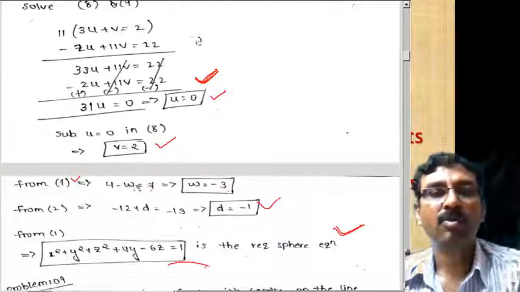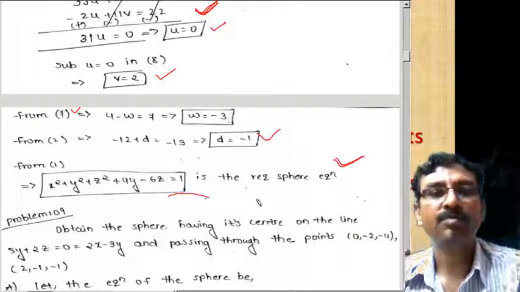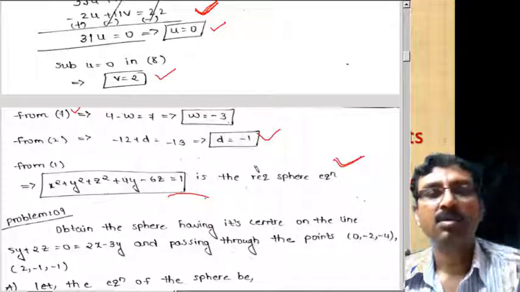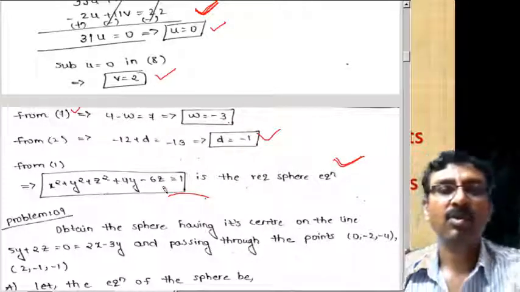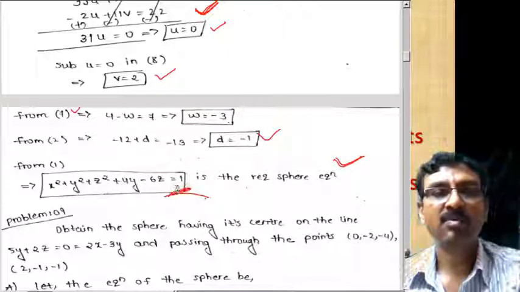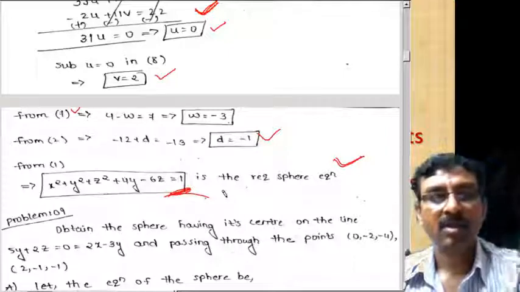We get w equal to minus 3, and taking equation 2 and substituting u, v, w, we get d equal to 1. Finally, we got u, v, w, d, and substituting these values in the given equation of sphere in standard form, we get the equation of the required sphere. Okay, thank you viewers.